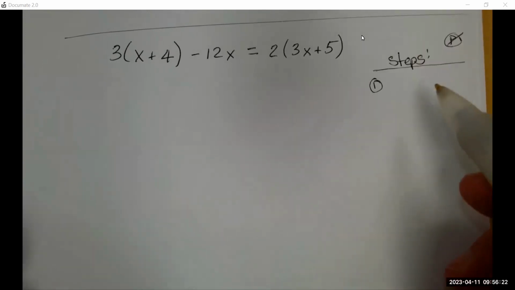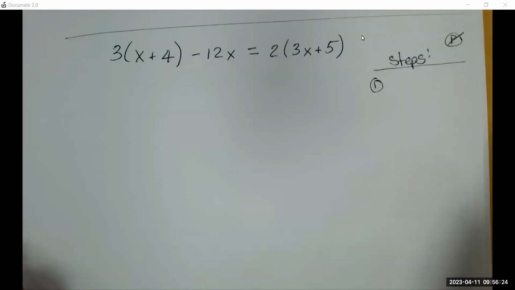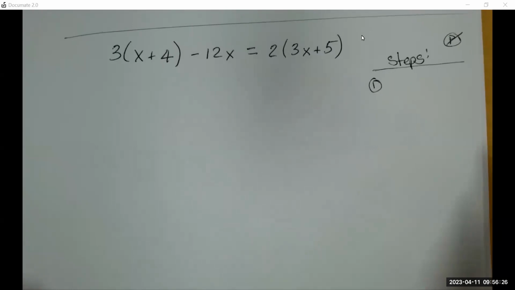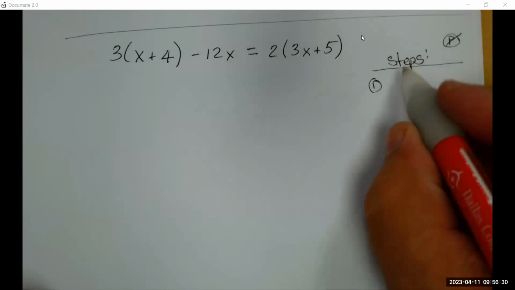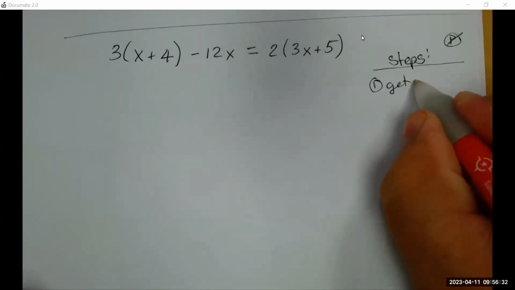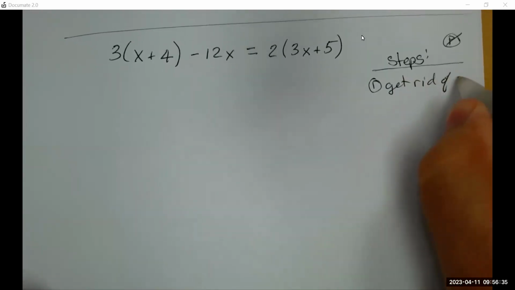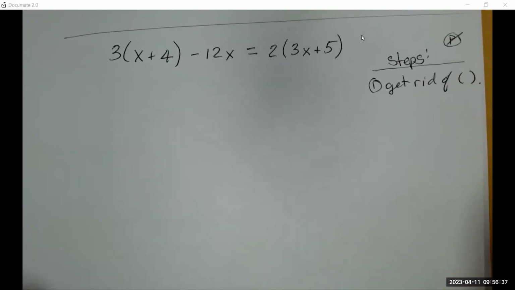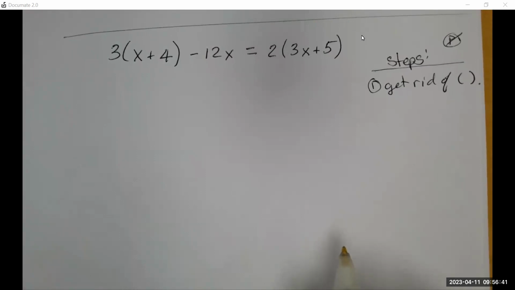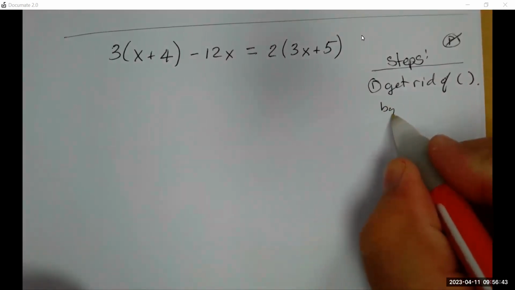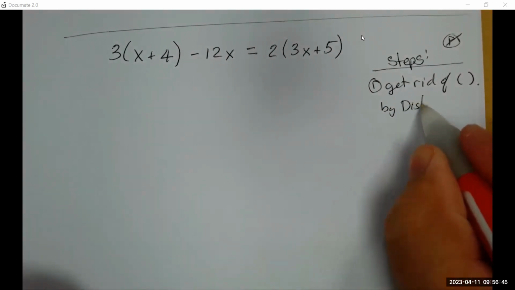Let's look at the steps. What's different about this one, the ones we did earlier? Well, it's got parentheses, right? So the first thing is get rid of parentheses by distributing.